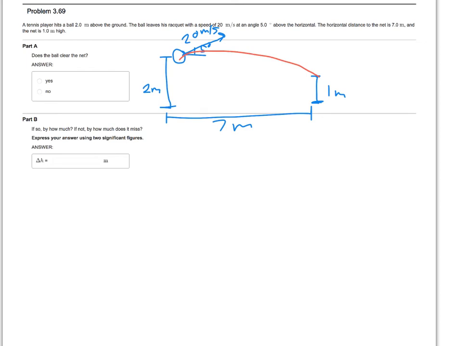So what I'm going to do is I'm going to figure out how far it drops in that time. I'm going to solve for this delta y, and that's going to determine whether or not it will have enough height to clear that net, which is 1 meter high. So I'm going to first set up my x and y charts and also go ahead and solve for my x and y components of the velocity.